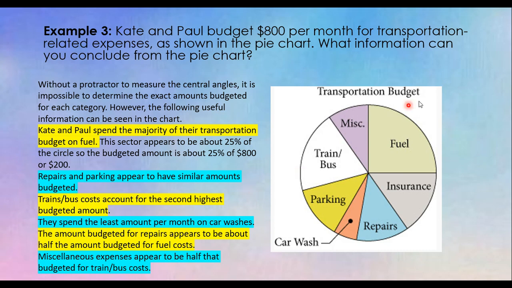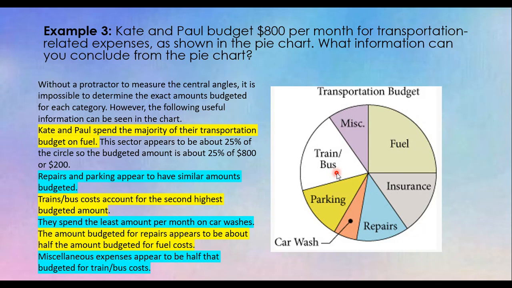So just based on this, we came up with a bunch of different inferences, and I'm sure there's a ton more. Like I infer that these people live in a metropolitan area just because they're paying for parking and a train or bus fee, which is kind of crazy to me.